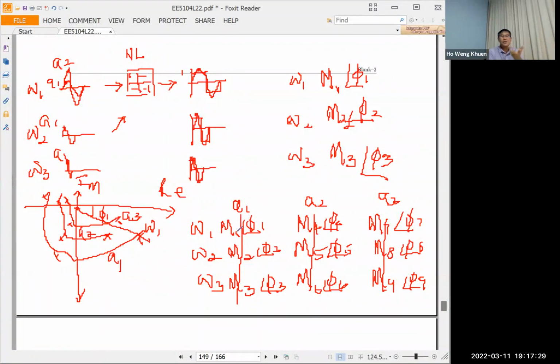Depending on my application, it may be more convenient if I join the points like that. If I join the points like that, then I actually join the points here. Then I join these 3 points. For these 3 points, the characteristic is omega 2. If I join these 3 points, the characteristic is that they have the same omega 1.